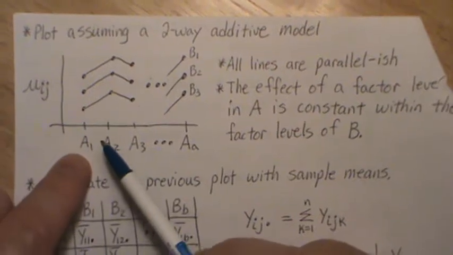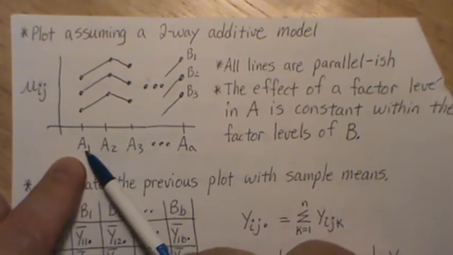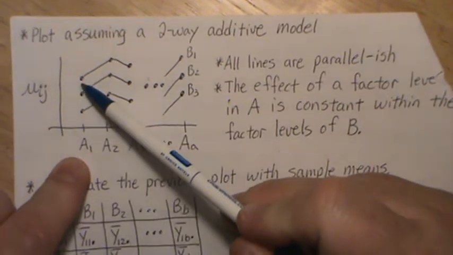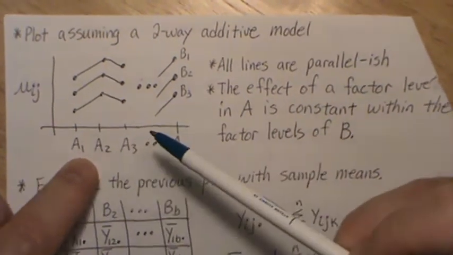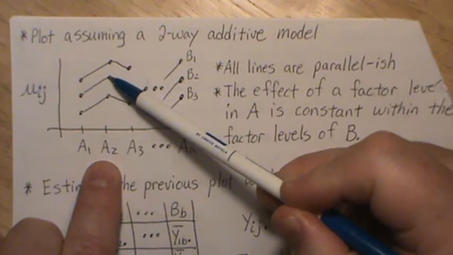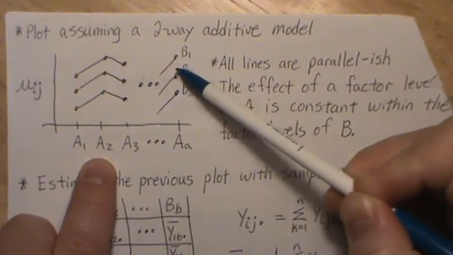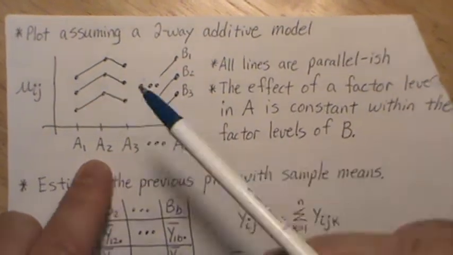And what I meant to say, or should have said, is that within each level, the effect from going from, say, B2 to B1 is the same as the effect from going B2 to B1 in each of the levels. So this difference is the same.